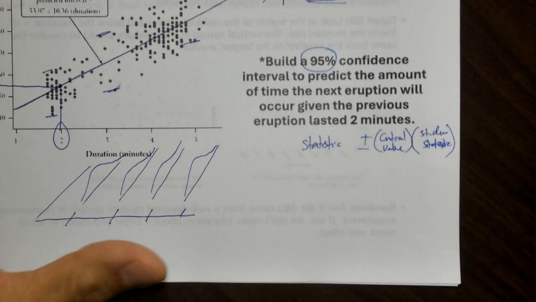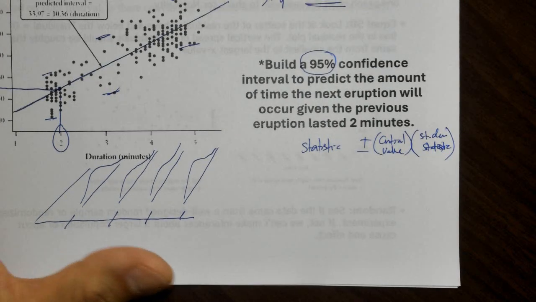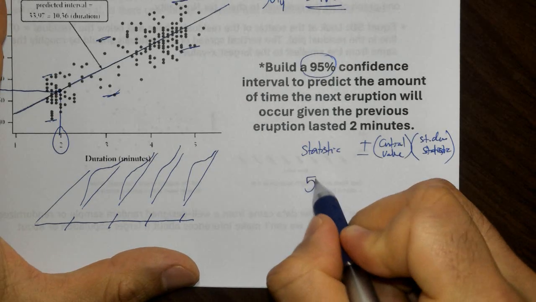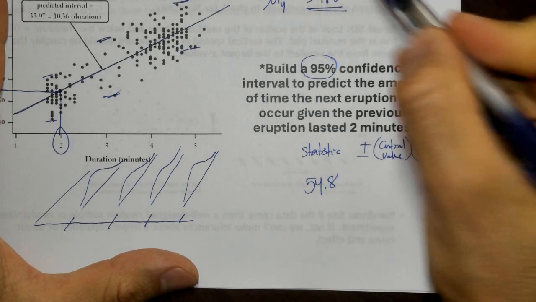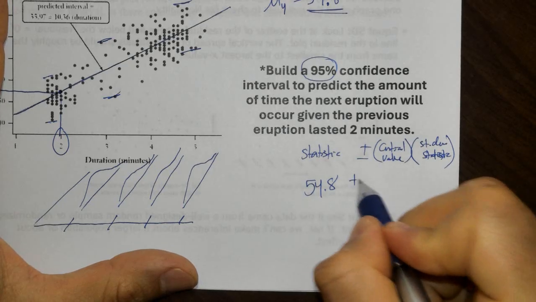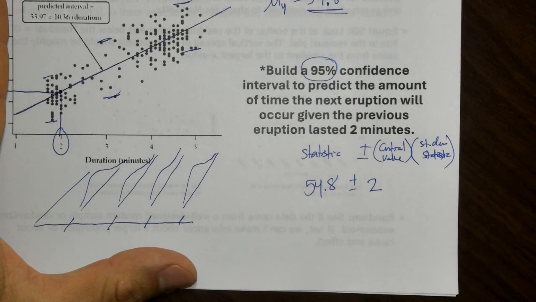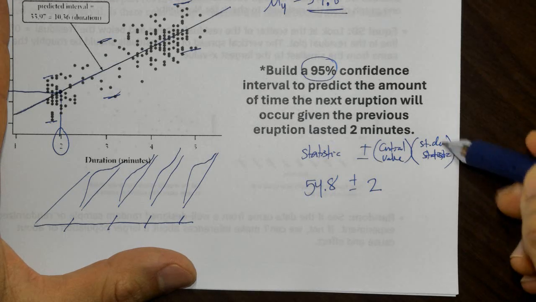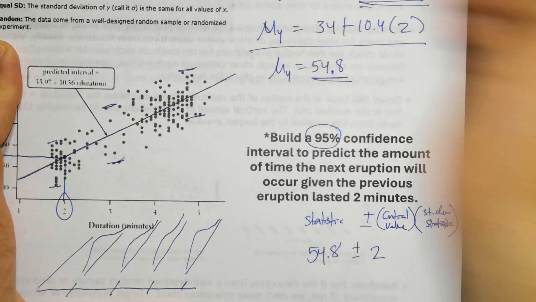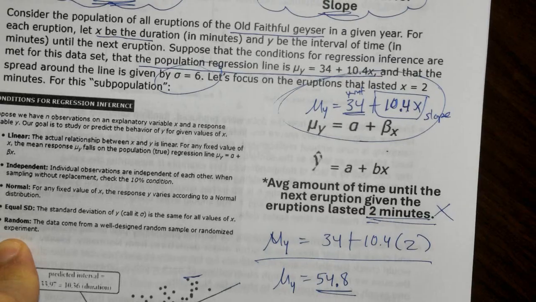That's your general confidence interval, right? The statistic that we found was 54.8 for that calculation that we did. The critical value, we're going to use 2 using the empirical rule. And then the standard deviation is given to us as 6 here at the top.